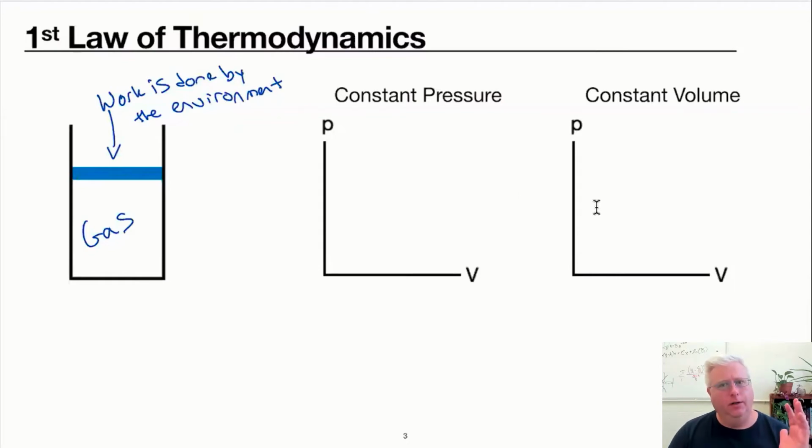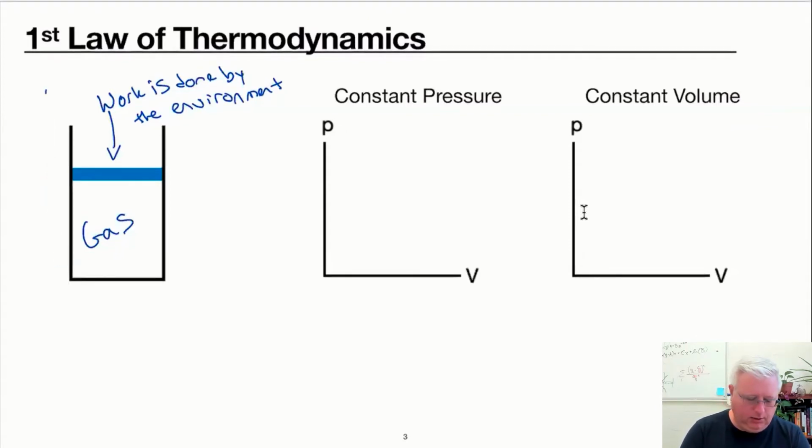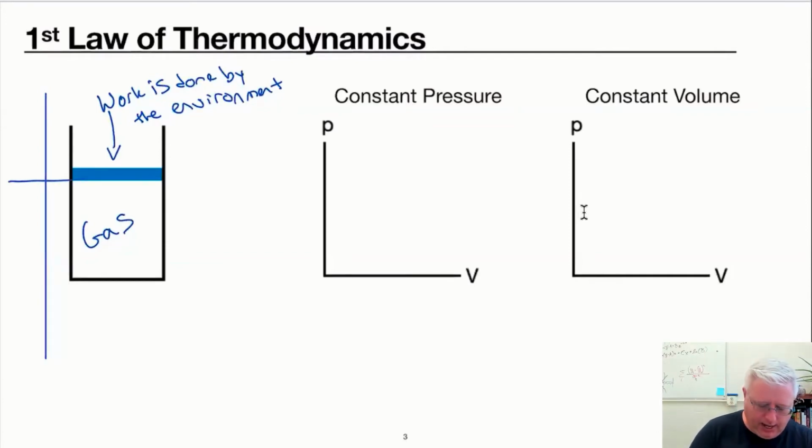Okay, and so what about? Remember, we talked about work in the previous course, and work can be done. It's a vector quantity, so it can be done in one direction or another. And so the way to think of this is to sort of put the cylinder on an XY axis.